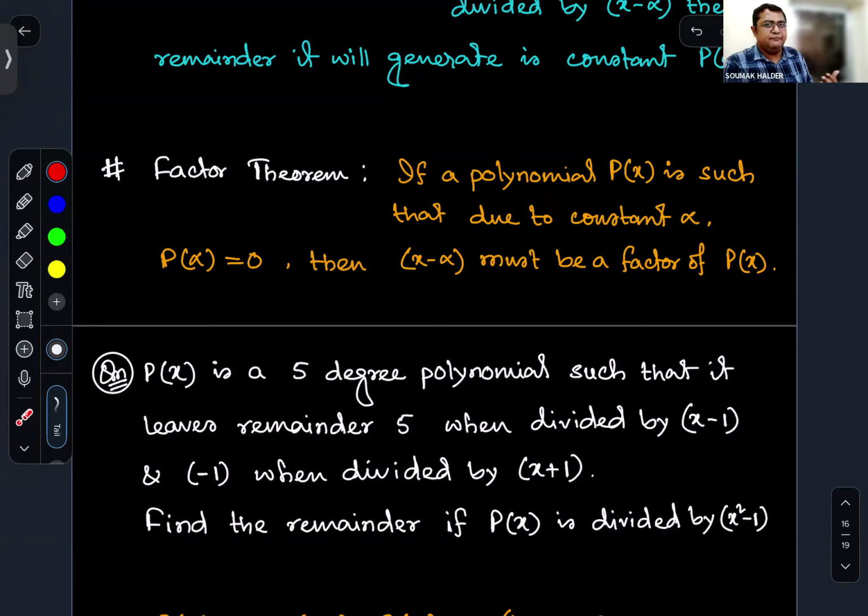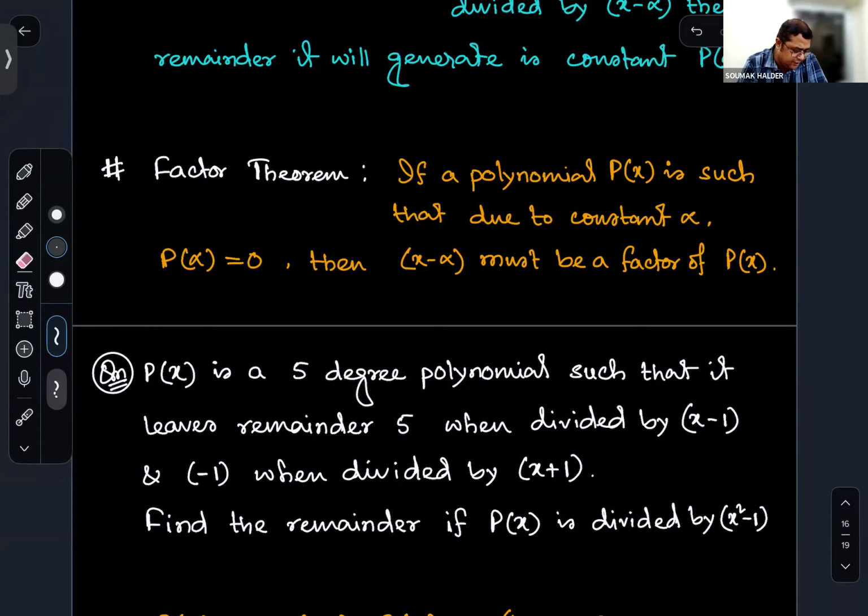Is there any speciality visible and how we can connect it with remainder theorem or factor theorem? Let us try to find the speciality of the question first.